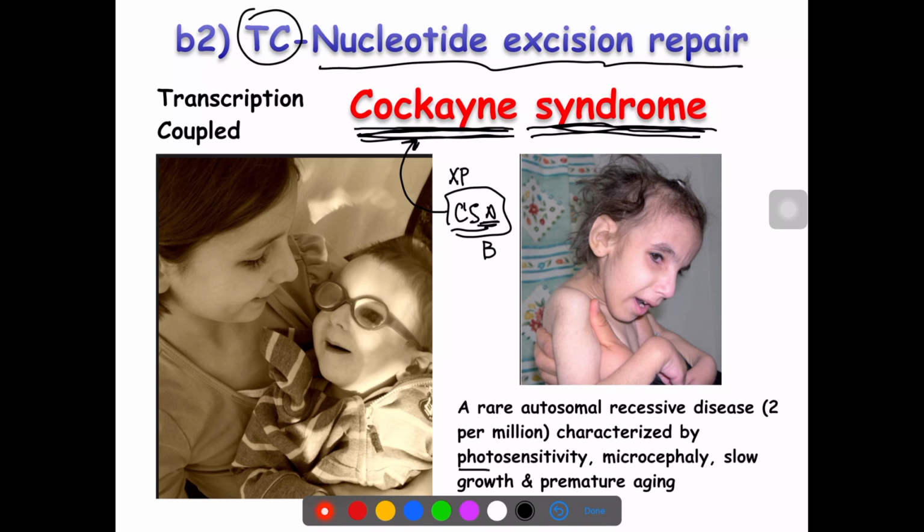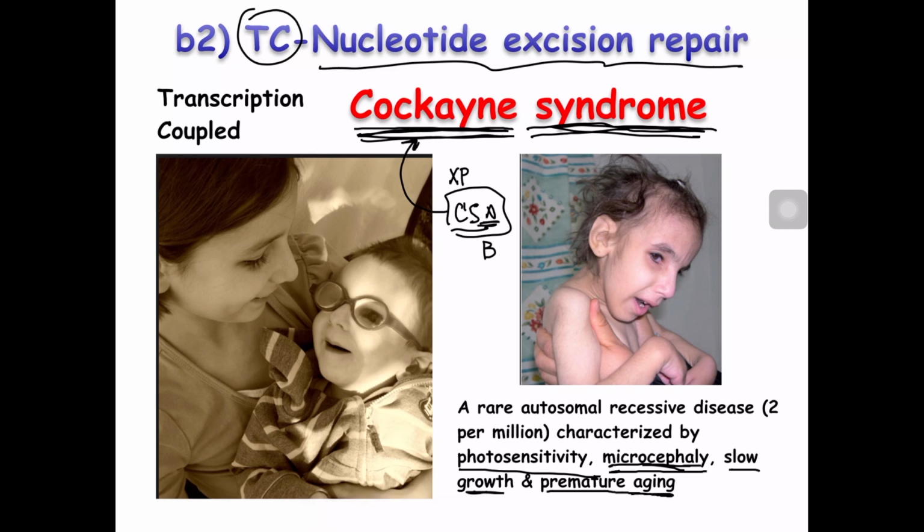So they have photosensitivity, microcephaly, slow growth, and premature aging. But the most striking features are all associated with the development of the central nervous system. Microcephaly is the most striking feature, but there are also developmental problems altogether associated with neurological development.